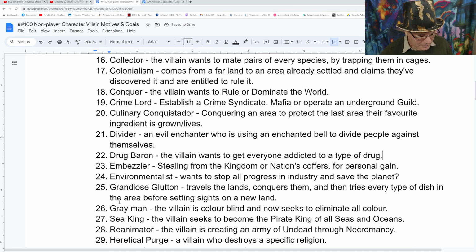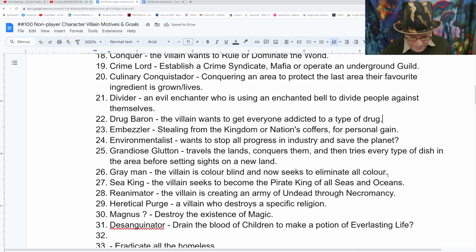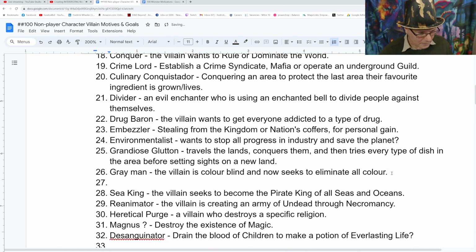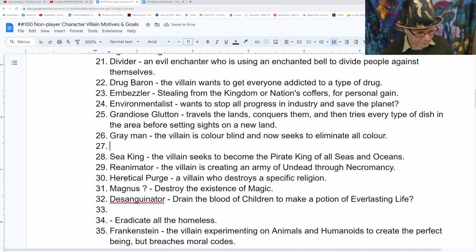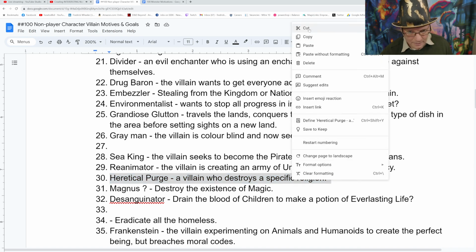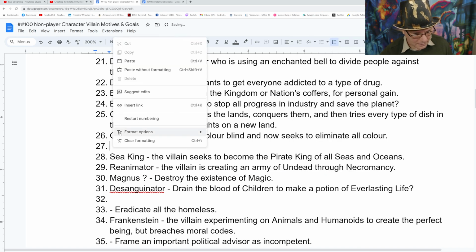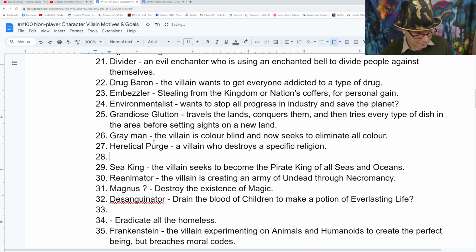And embezzler. Grossly, it's a grey one. And okay. Heretical purge. A B C D E F G H. Heretical purge should be here. Cut. Paste. There we go.